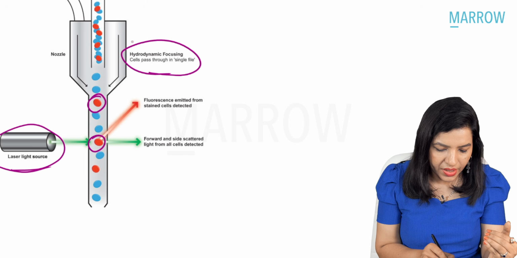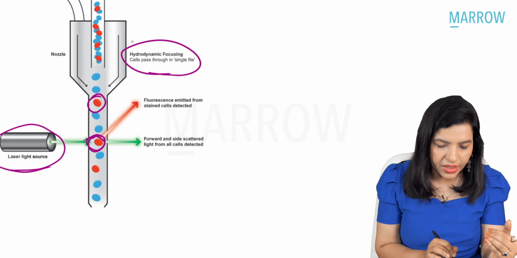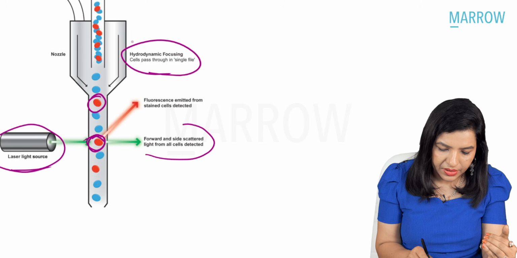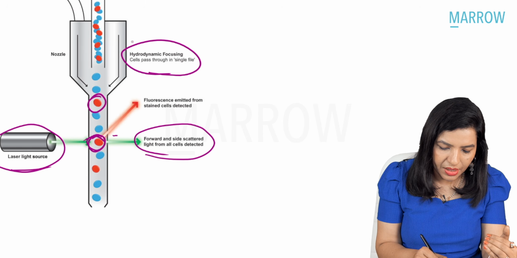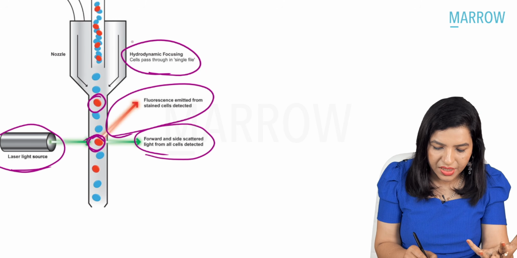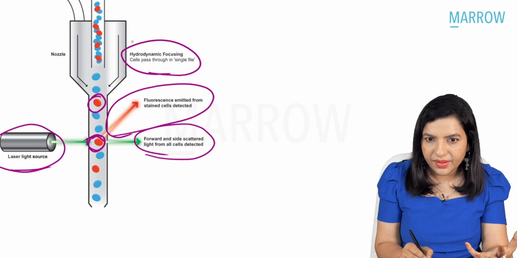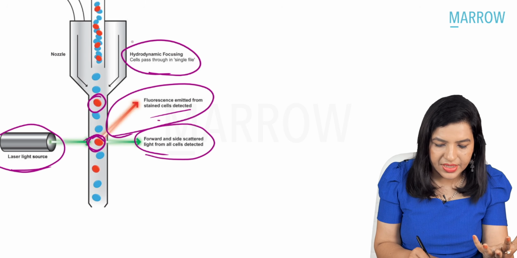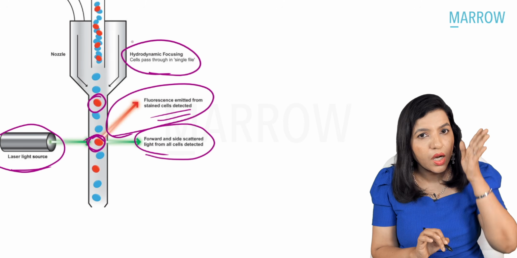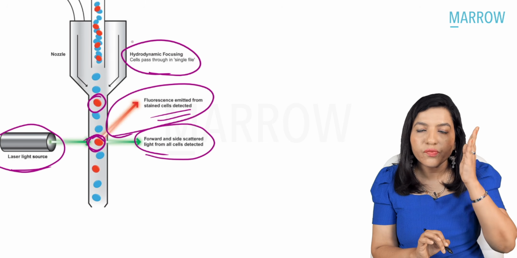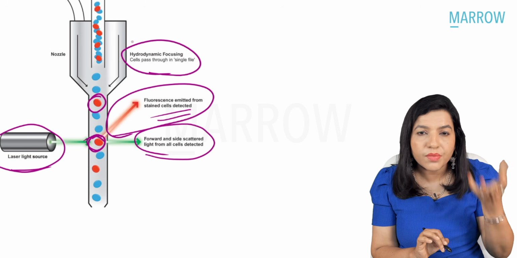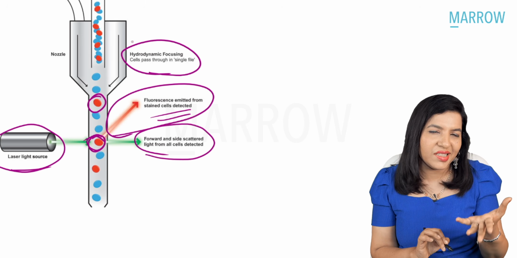When it hits the stained cell, fluorescence is emitted from the stained cell, and that is detected. So we can count the cells, and we can also sort the cells. The surface markers of the cells can be studied.